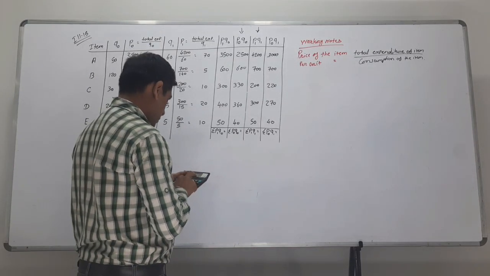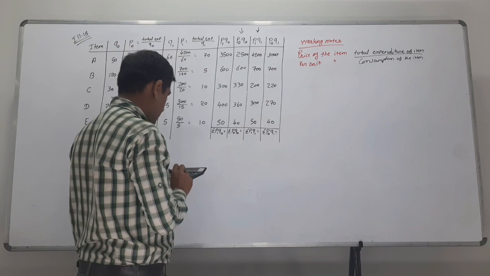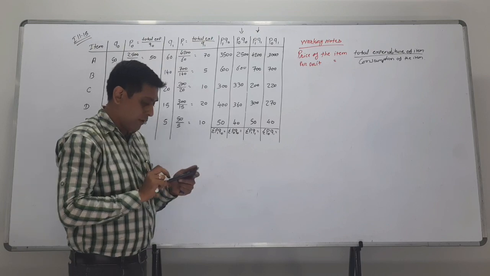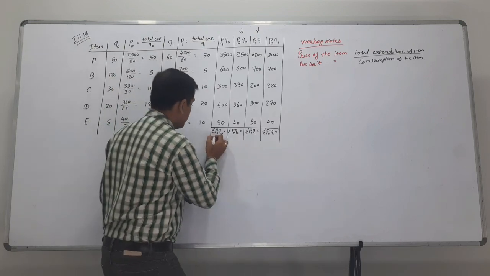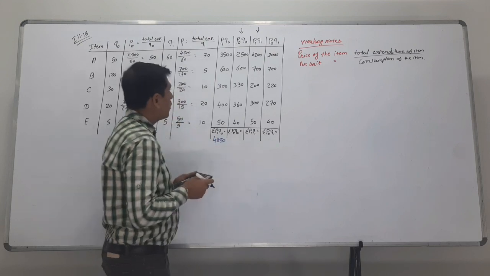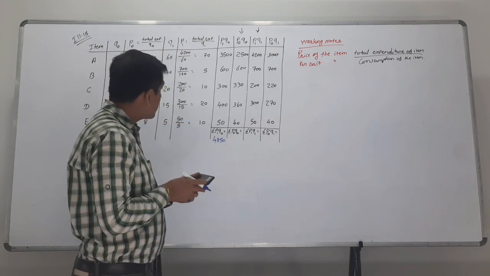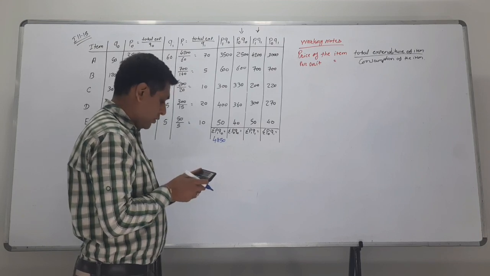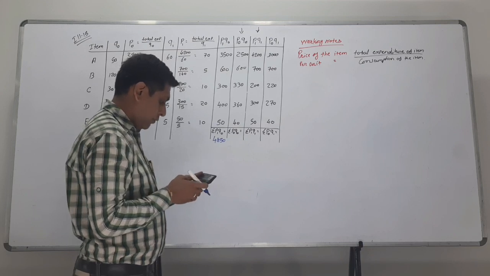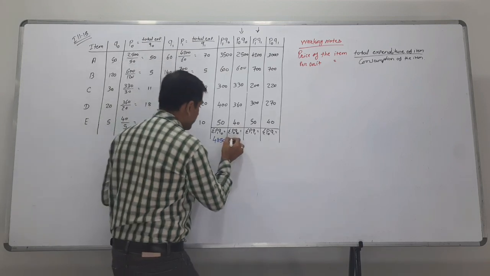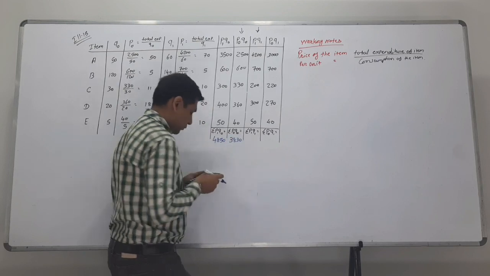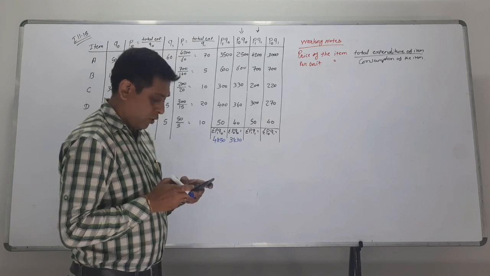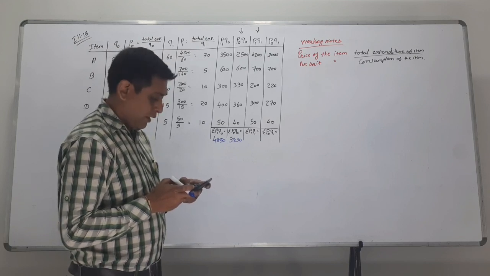3500 plus 600 plus 300 plus 400 plus 50. The total is 4850. Then 2500 plus 600 plus 330 plus 360 plus 40. The total is 3830. Next one, 4200 plus 700 plus 200 plus 300 plus 50.